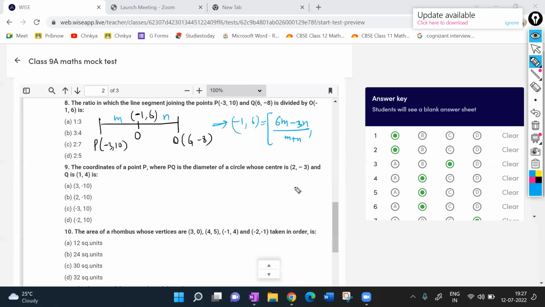Let us say internal division. So m x2, I mean 6m, plus n x1, over m plus n, and minus 8m plus n y1, 0, by m plus n.